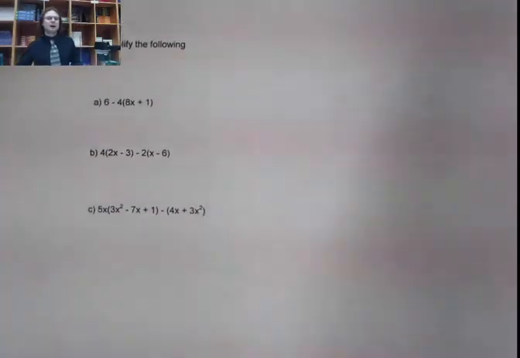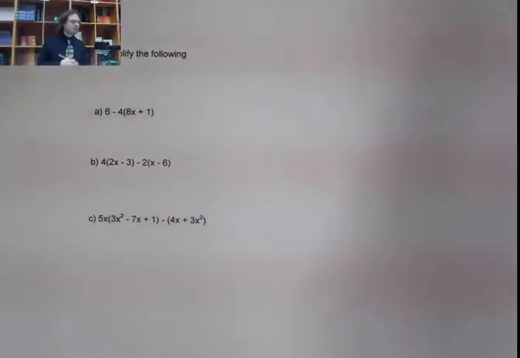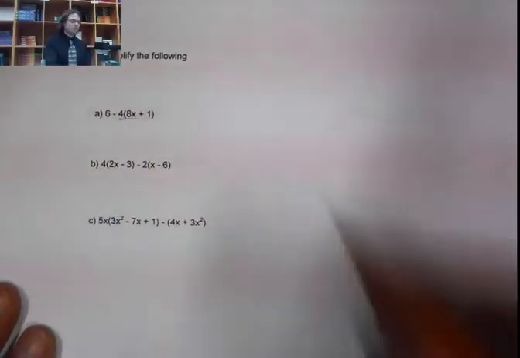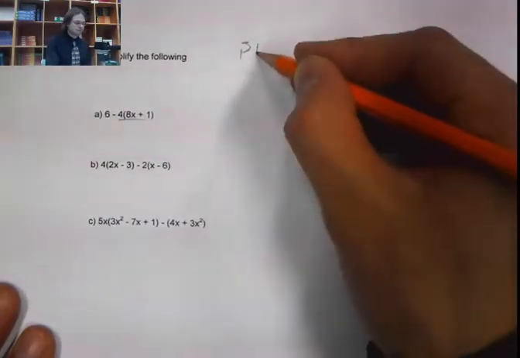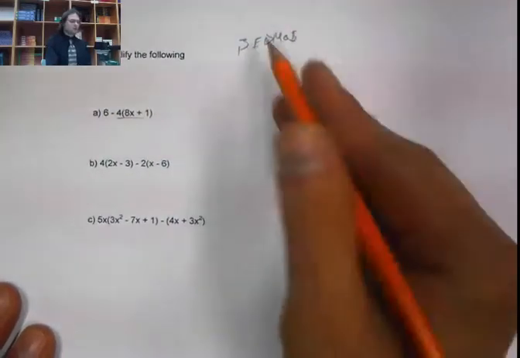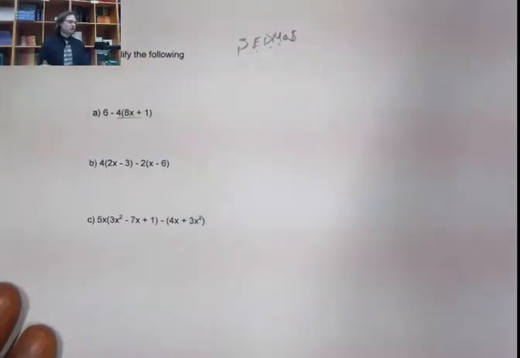All right, so now let's expand and then simplify these following. So first, I have to do multiplication, right? Remember BEDMAS? Brackets, exponents, division, multiplication, addition, subtraction.